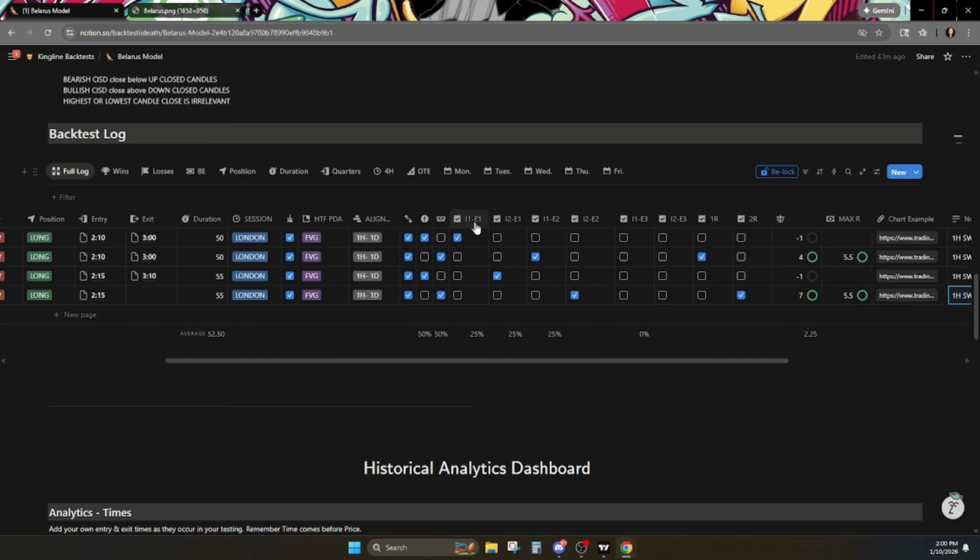But what I'm going to do is make additional tables, and I can organize the entries specifically by these entries, and then we can look only at entry two trades, only entry three trades, and so on. Does that answer the question?